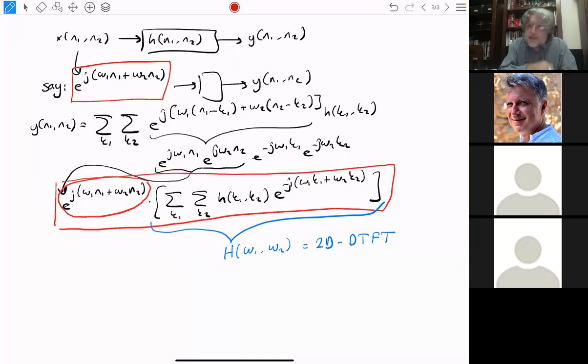It is the two-dimensional DTFT. What is the difference between a DFT and a DTFT? Have you ever thought of it that way? Do you know DFT, discrete Fourier transform, which has a fast implementation known as FFT, fast Fourier transform? What is the difference from this one and the DFT?